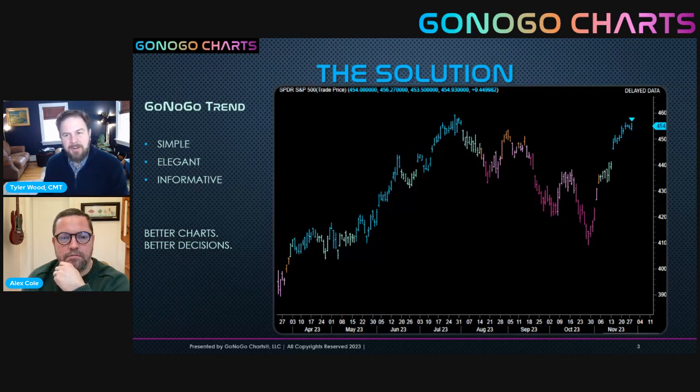And so in a GoNoGo chart, we can see that when we're in aqua and blue bars, we're in go trends. When we are in pink or purple bars, we are in no-go trends, the weak and the strong form. And those amber bars, that area of neutrality, is when it's time to go fishing. So go, no-go, or go fish.